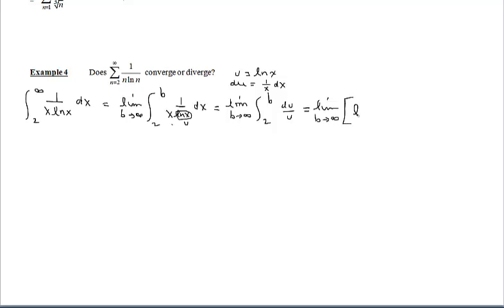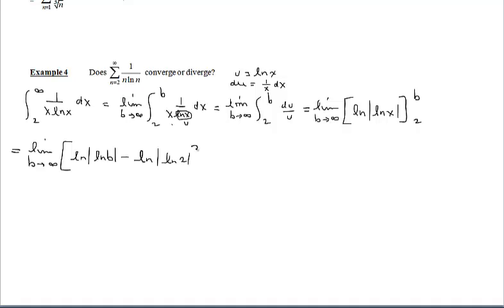The antiderivative is the natural log of the absolute value of u, which happens to be natural log of x, from 2 to B. Okay, let's do the evaluation part. So natural log, absolute value, natural log of B minus natural log, absolute value, natural log of 2.